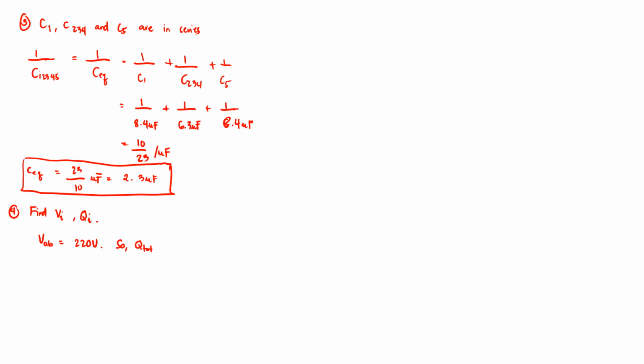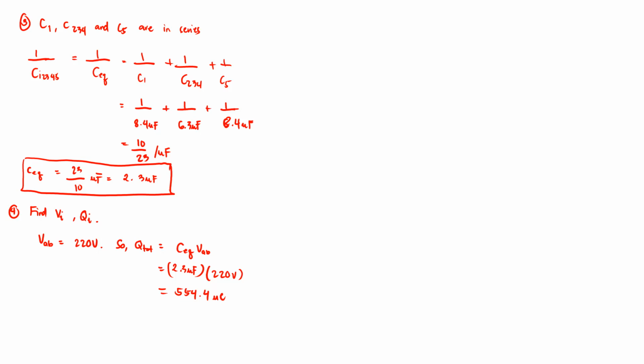Q total is equal to C equivalent multiplied by VAB. So this is equal to 2.3 microfarad multiplied by 220 volts. So we get 554.4 microcoulomb. Okay, so this is the total charge in the circuit.